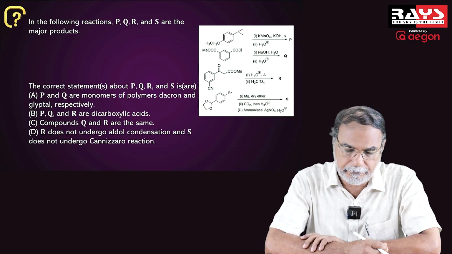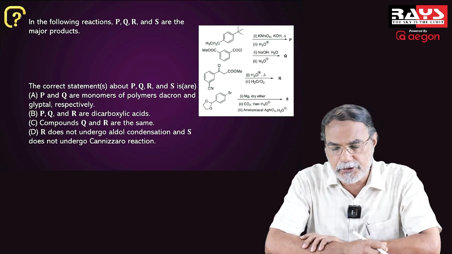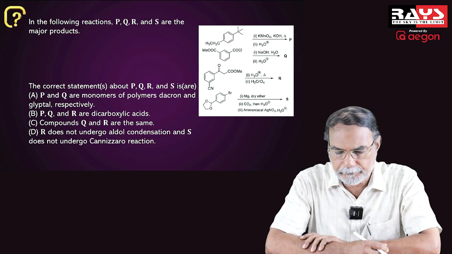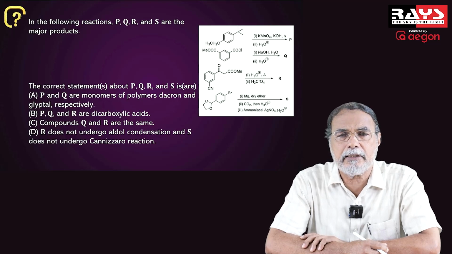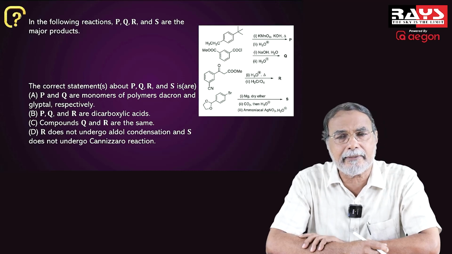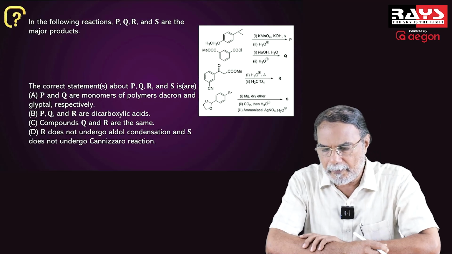In the following reactions, P, Q, R and S are the major products. Then we are given certain statements about the 4 products and we have to see which statements are correct and which are not correct.